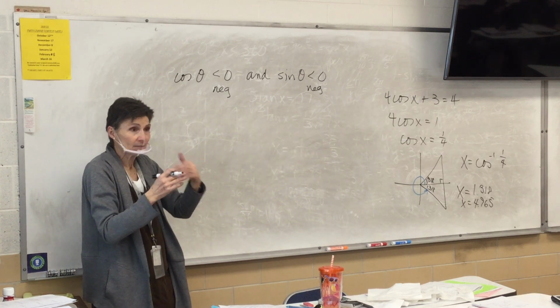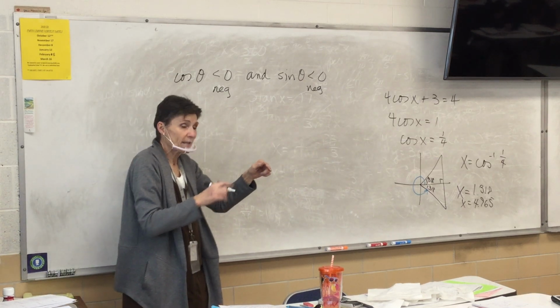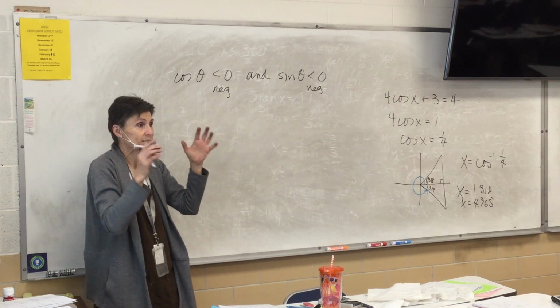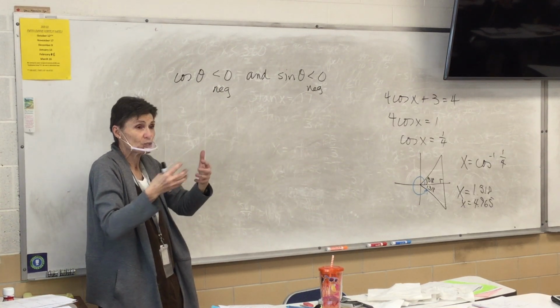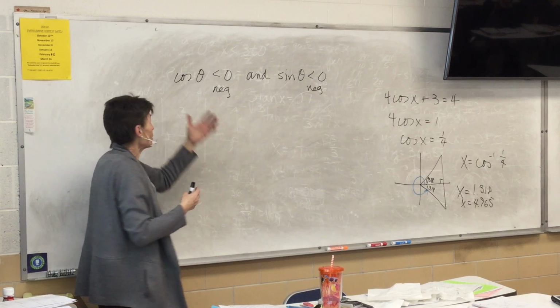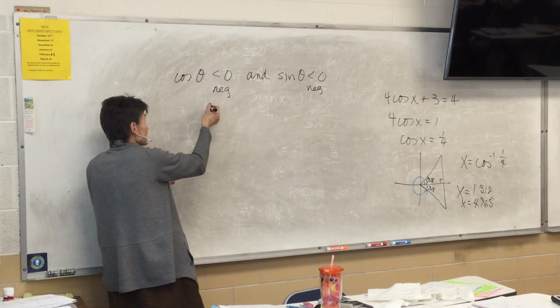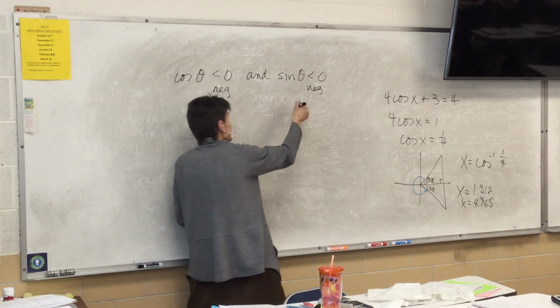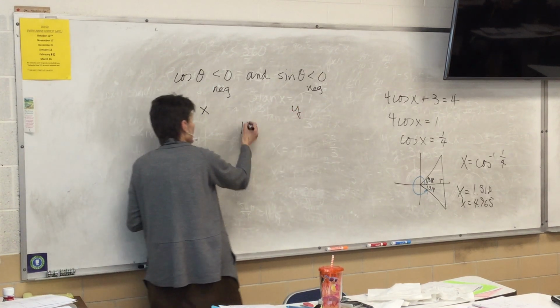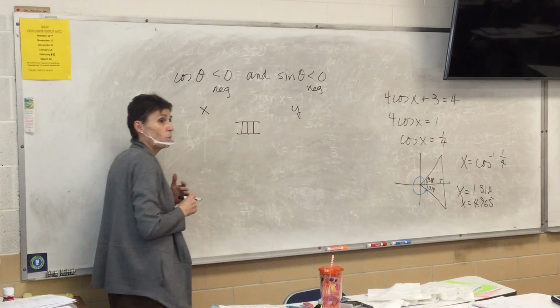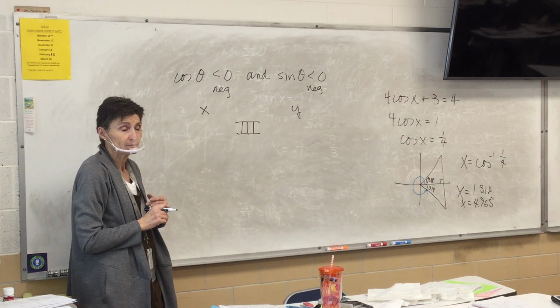Now, I am not telling you that cosine is the actual x value. I'm saying they are related, so they have the same sign. So if cosine is negative, that means x is negative. If sine is negative, that means y is negative. And the only quadrant where they're both negative is quadrant 3.